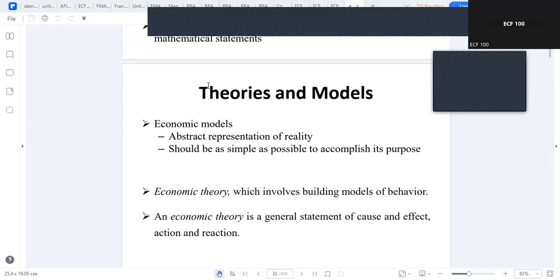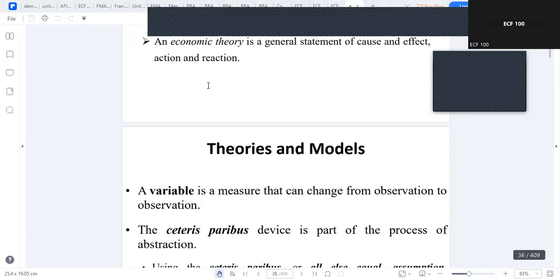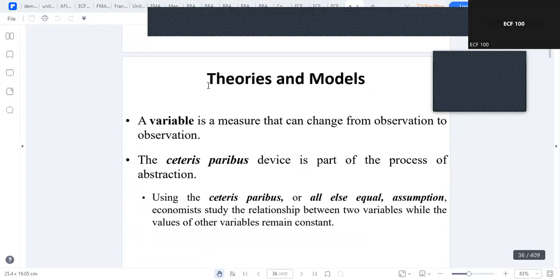An economic theory, on the other hand, is a general statement of cause and effect, action and reaction. So theories have variables. Variables simply measure how a certain change can affect the other. Holding all things constant is a term we use, ceteris paribus, which in economics means all else equal.